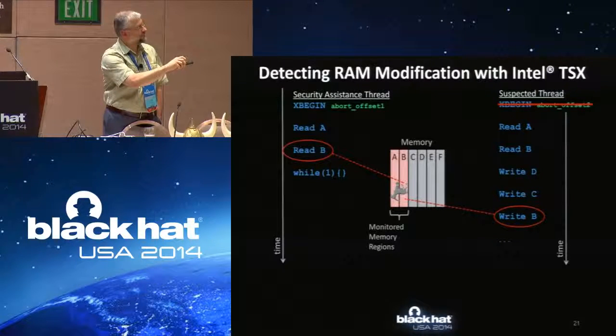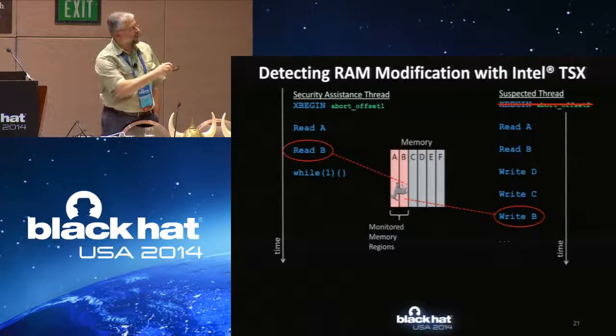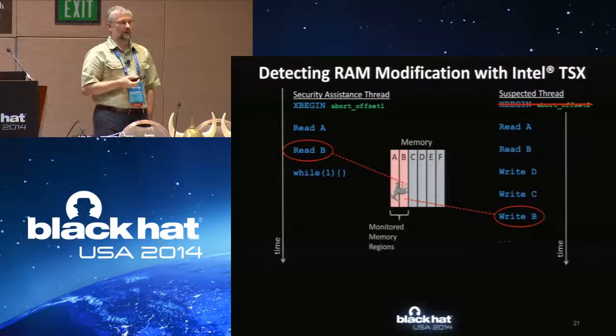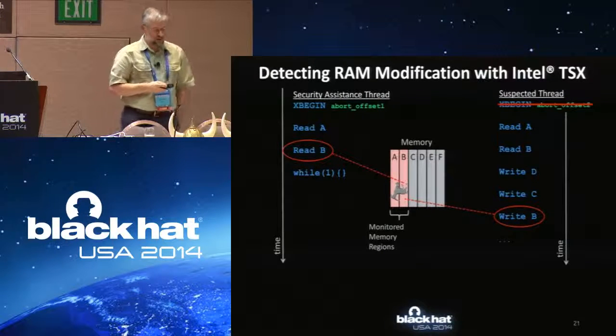You have a security thread defined as a transaction, and the suspected thread now does not have XBEGIN. So that means when an abort happens, that thread would execute its abort routine, and this abort routine, as it's not doing any writes, will have nothing to revert in memory.